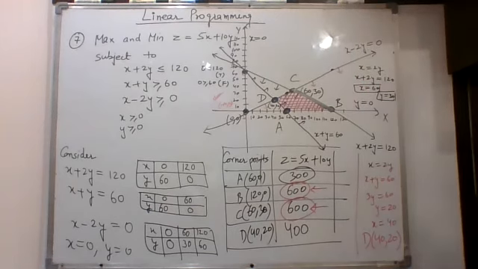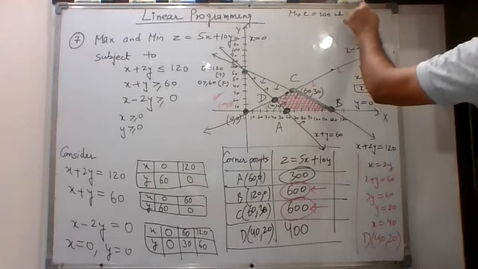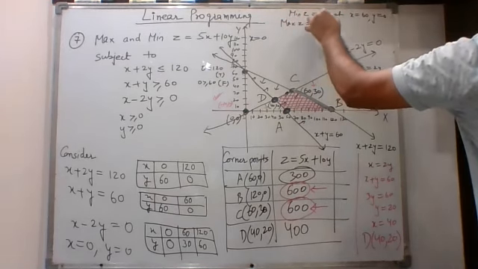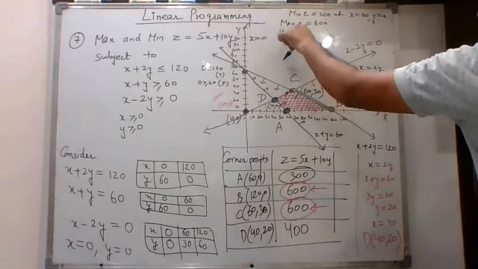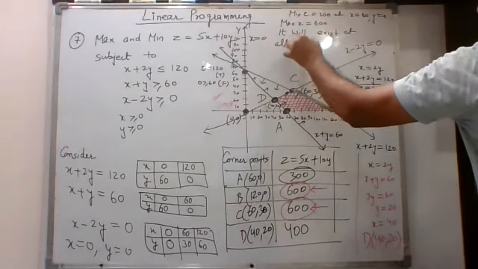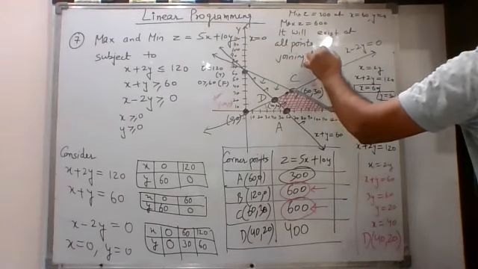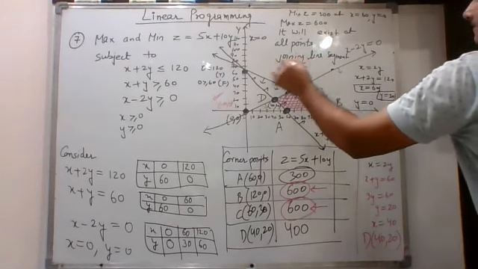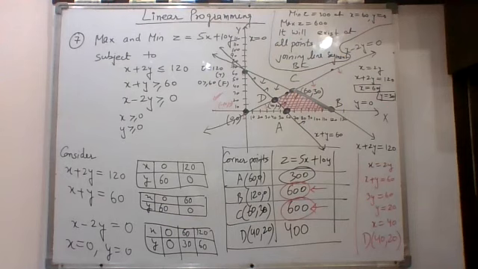You will just write min Z is 300 at x is equal to 60, y is equal to 0. Now max Z is equal to 600, and it will exist at all points joining line segment BC.